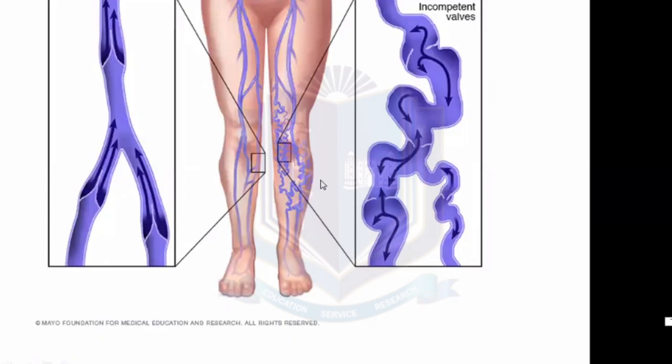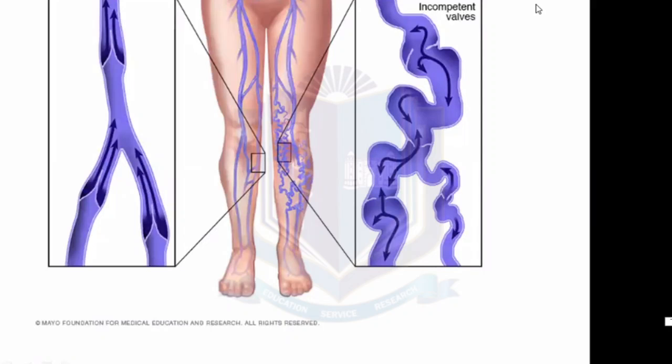There are 4 or 5 levels of communication between the deep and the superficial veins of the lower limb. So if a patient comes to you with this condition, you have to identify the level at which the valves are not functioning properly.